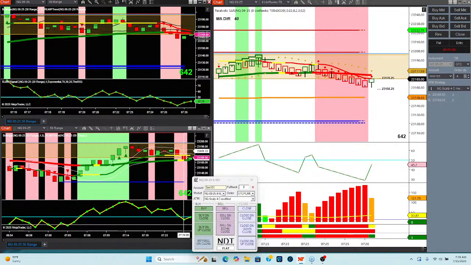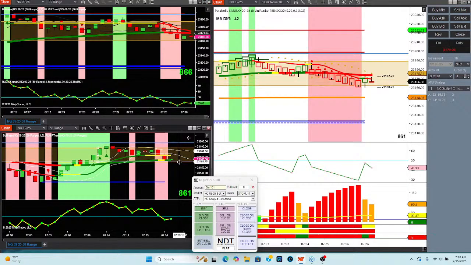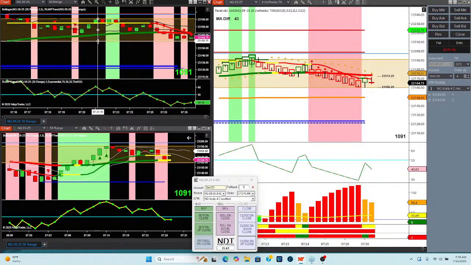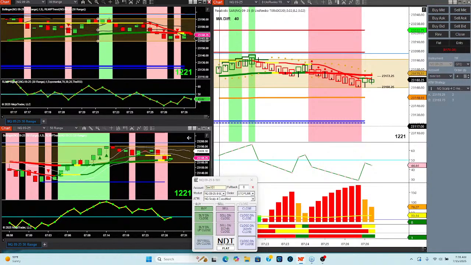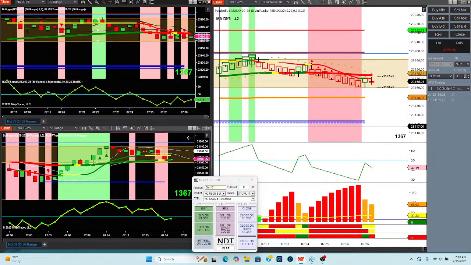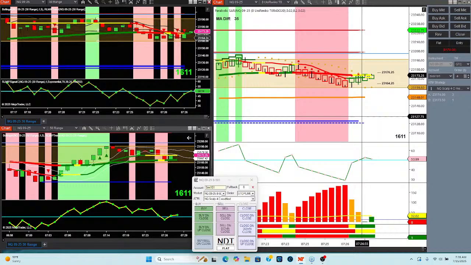This is below though. I'm looking at my C signal here.